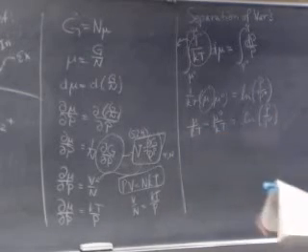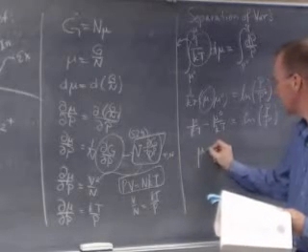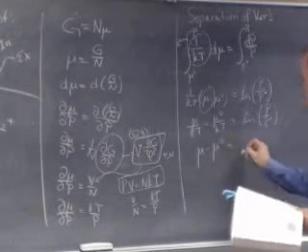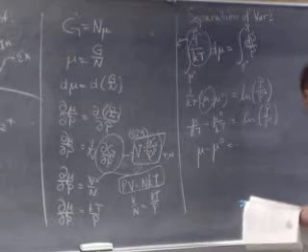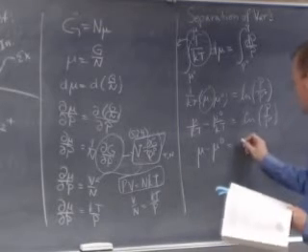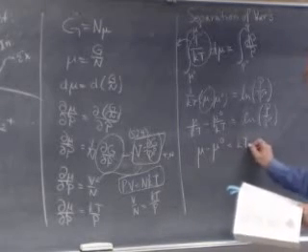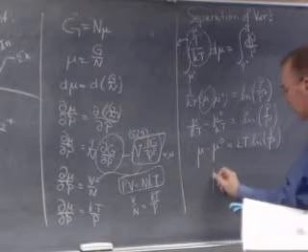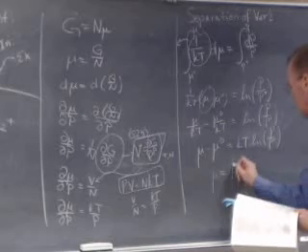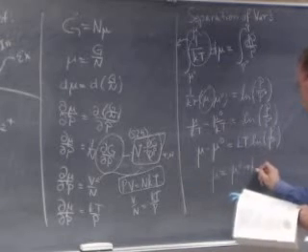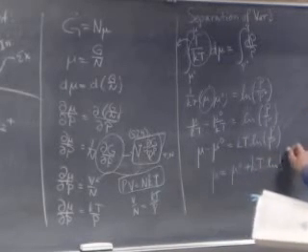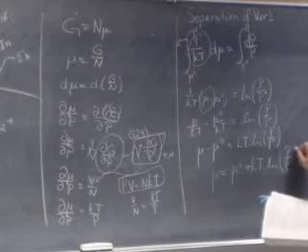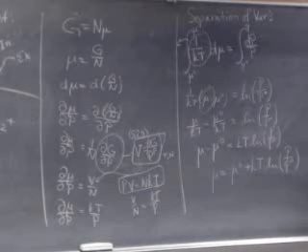I'm going to multiply both sides by kT. That'll be the easiest. Good. I came up with exactly what he had.